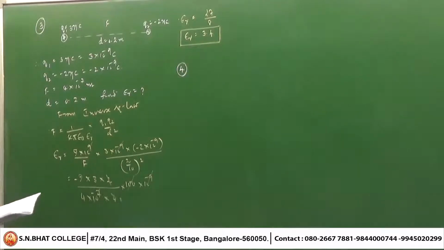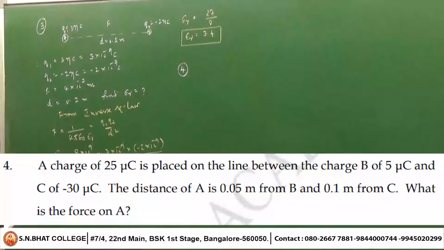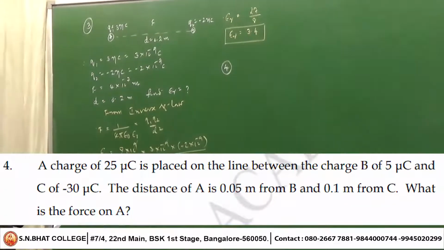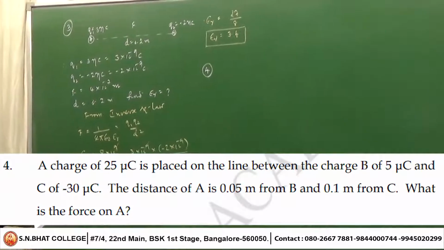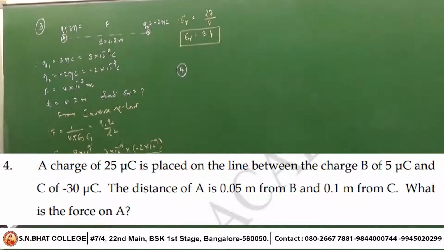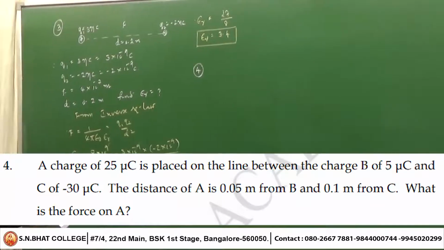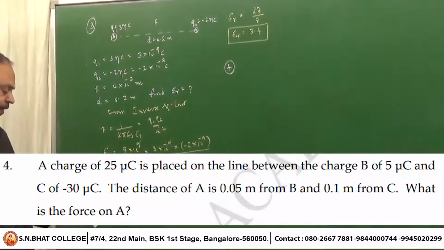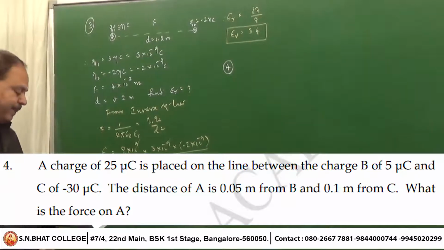The problem is: a charge of 25 microcoulomb is placed on the line between the two charges B of 5 microcoulomb and C of minus 30 microcoulomb. The distance of A is 0.05 meter from B and 0.1 meter from C. What is the force on A?